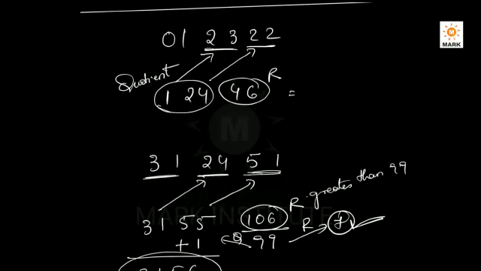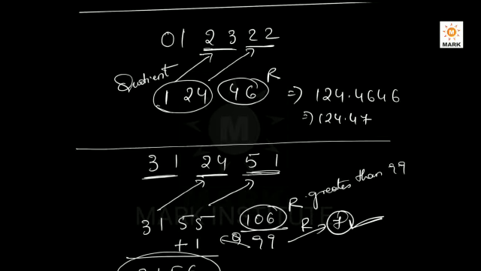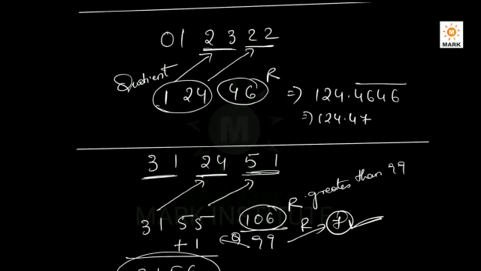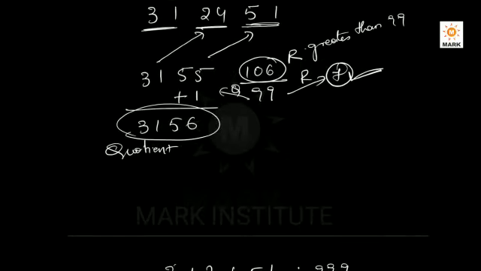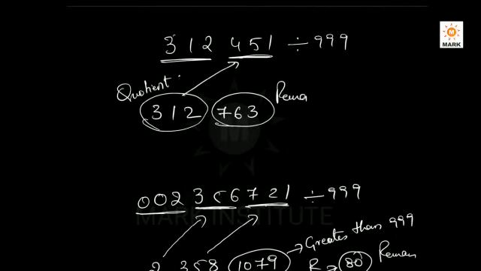Now the second one, we can write 124.464646, or 124.47. Like this we can write. For this one, 7 is the remainder, so 3156.7 bar.